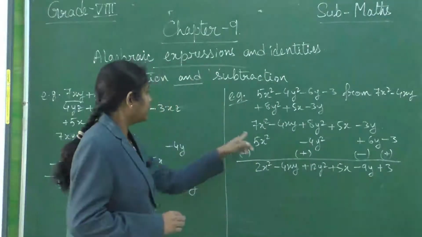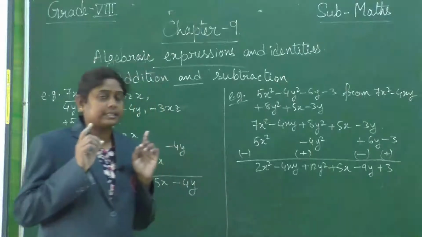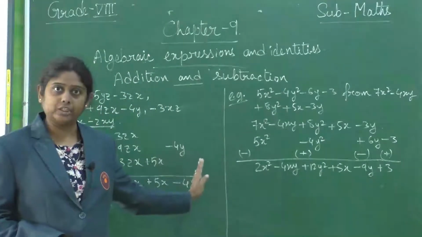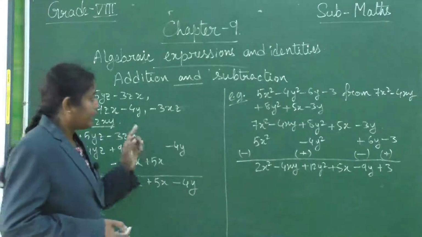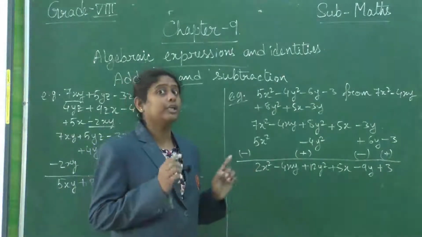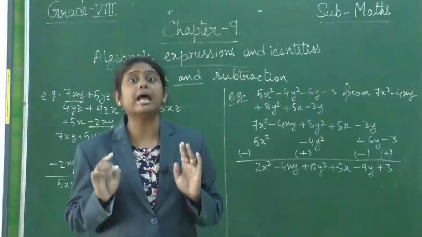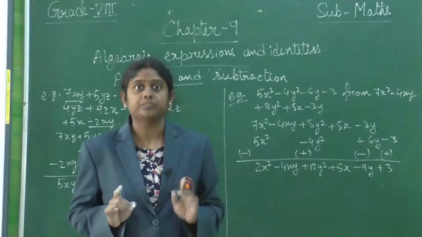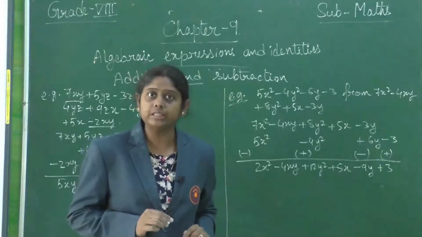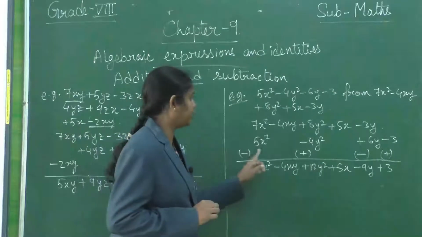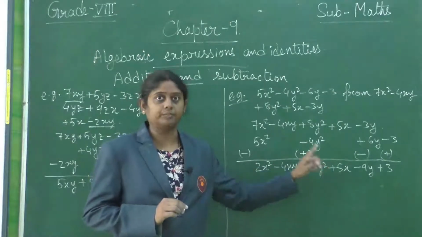Now move to the subtractions part. Step number 1 will be the same as in additions, the arranging part. For subtractions, we need to change the sign of the last algebraic expression. Remember, you need to change the sign only for the last algebraic expression which we are writing down.